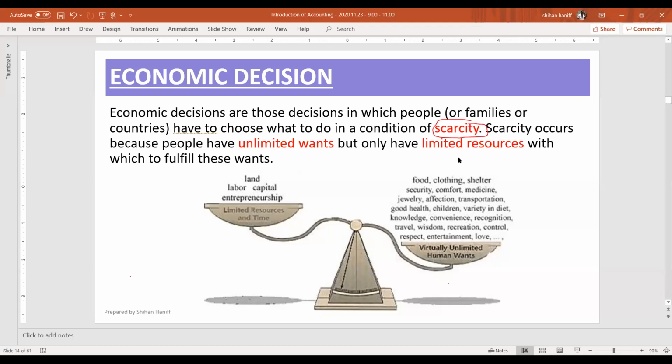So what is this scarcity? Scarcity means people have unlimited wants and they have limited resources. Unlimited wants, limited resources.